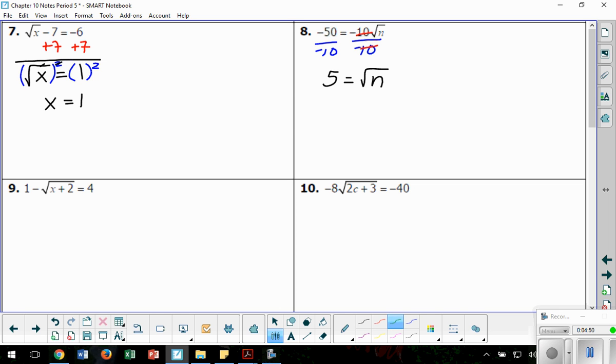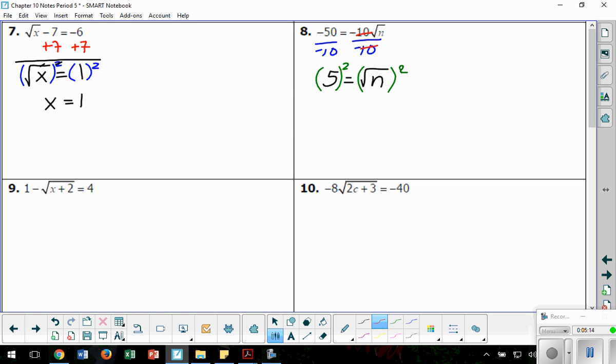Then what do I do? Square both sides. I put the square root on the left side, it doesn't matter. Squaring both sides does what with the square root?